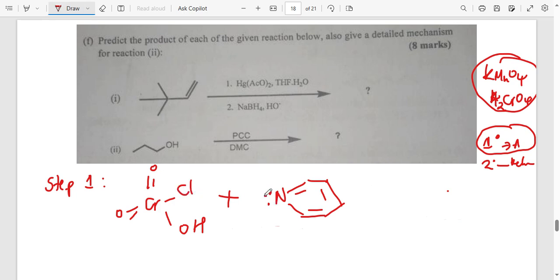So in step one, this nitrogen will grab this hydrogen. The bond is going to break here, and now I've got oxygen that is negatively charged. Are we okay? We are good. We are going together.